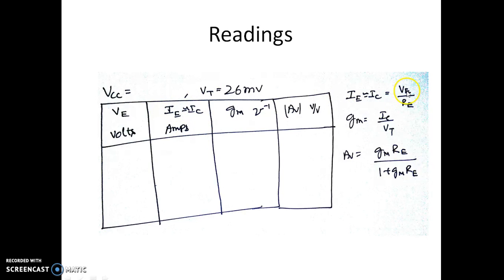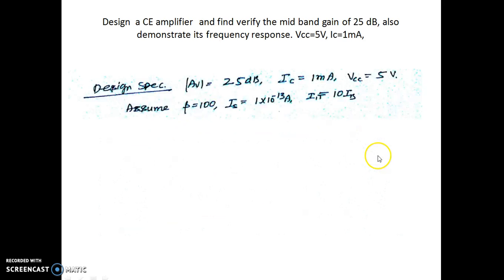Given the basic equation, V by RE happens to be IE, which is approximately equal to the collector current. We can get the value of gM using the expression IC by VT, and we can ultimately find the gain of the amplifier, which is gM RE by 1 plus gM RE, which is always less than 1.